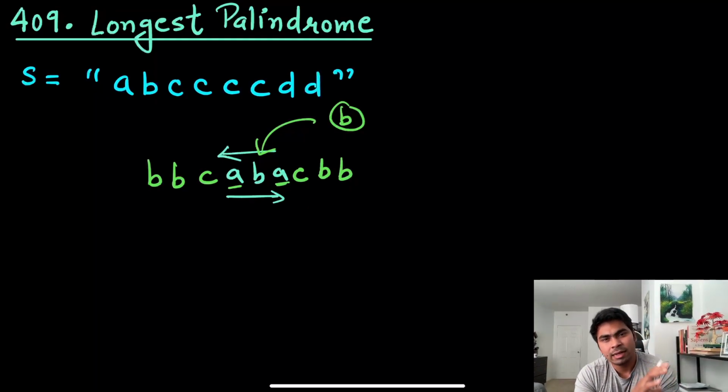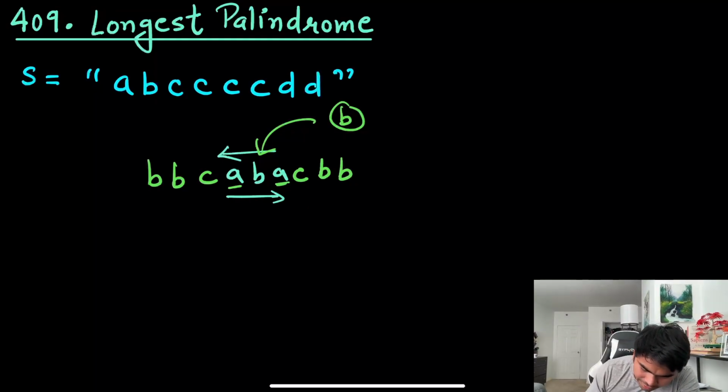But if you had an extra available character, you could place it in the middle and you will have a palindrome one length longer. So if there is an extra character, you can place it in the middle and your string will still be a palindrome.